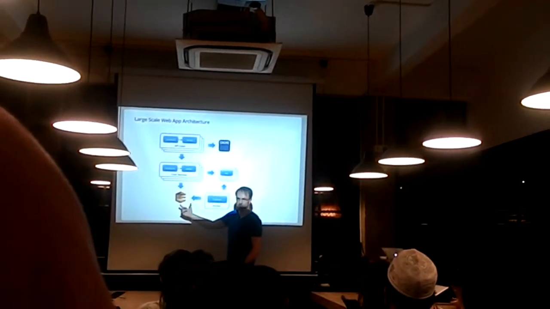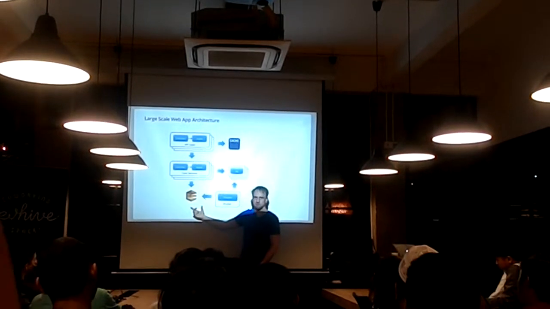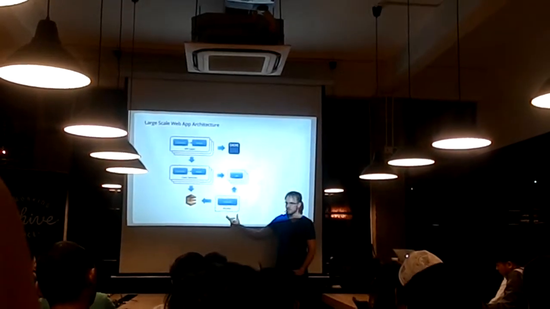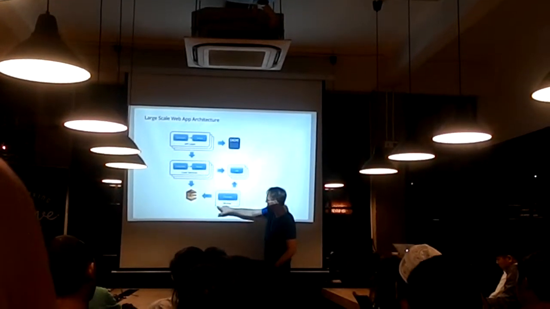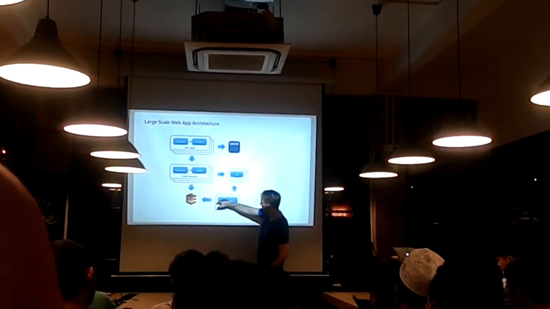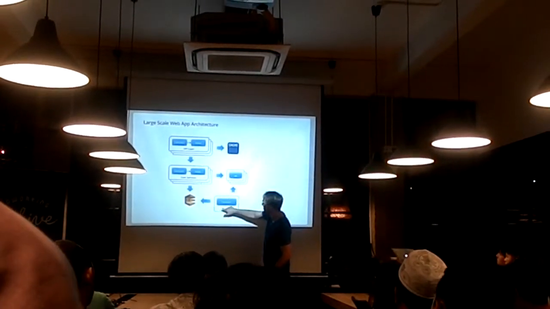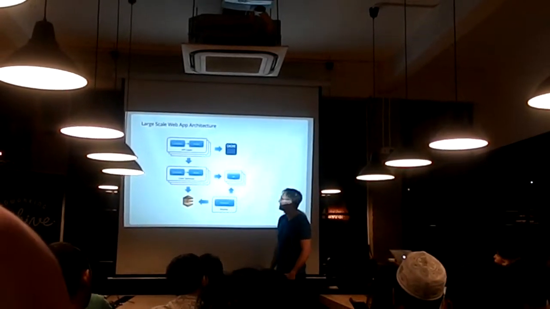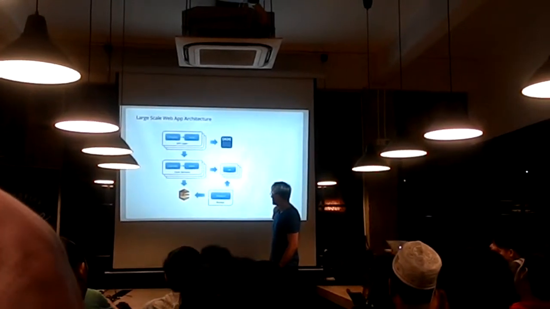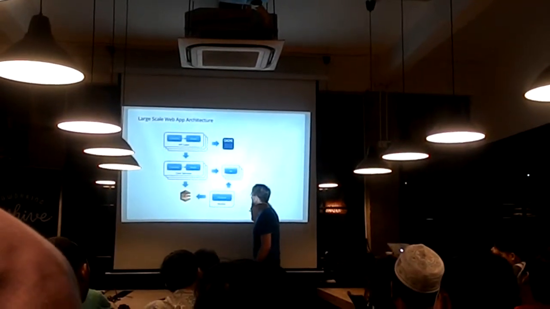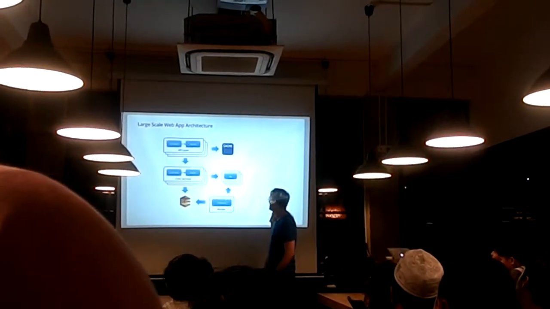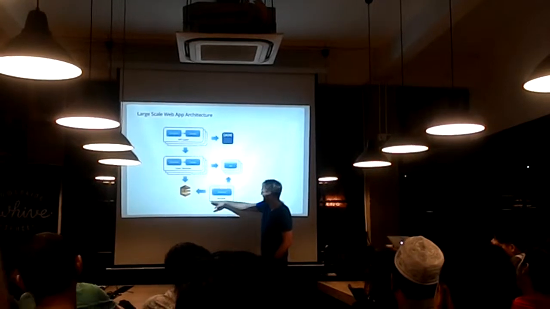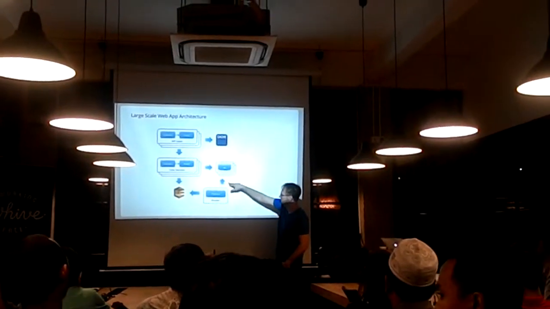You're likely going to have some kind of asynchronous queue, and you're going to have separate worker instances. This is a mistake. I don't know what happened, but this was supposed to be duplicated, meaning you have multiple workers here, more than 0, less than infinite. And these also communicate somewhere to the database.